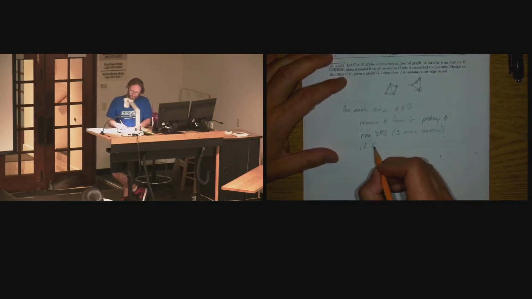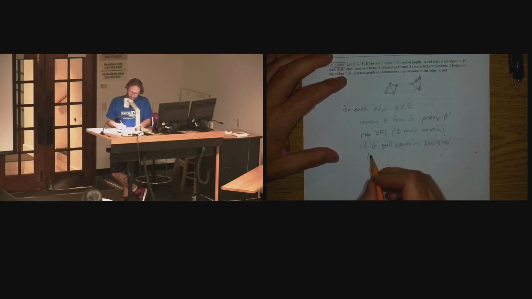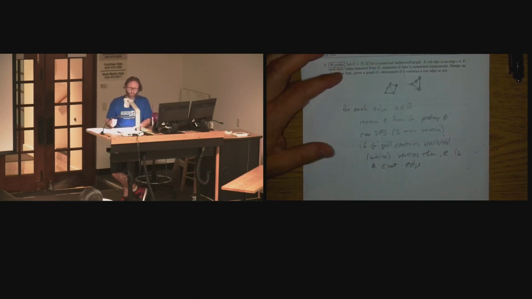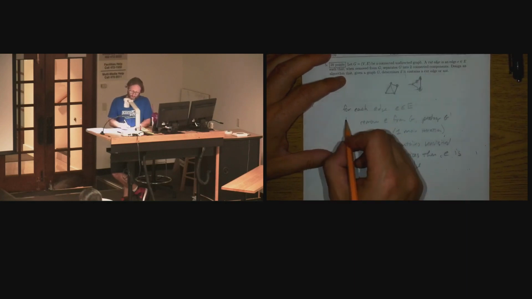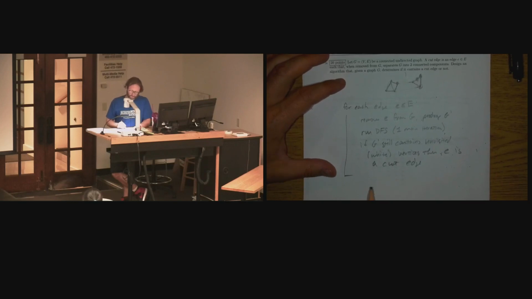So if G prime still contains unvisited white vertices, and that's the way that we test that, then e is a cut edge, and output that e is a cut edge. Otherwise, if you get through everything and none of these resulted in a cut edge, then output no cut edge. Right?